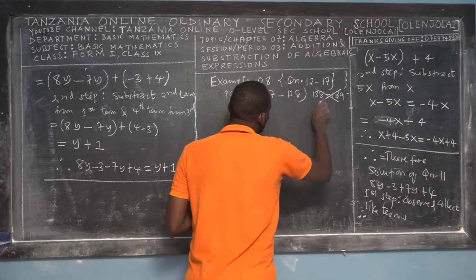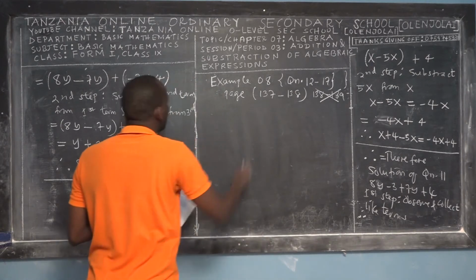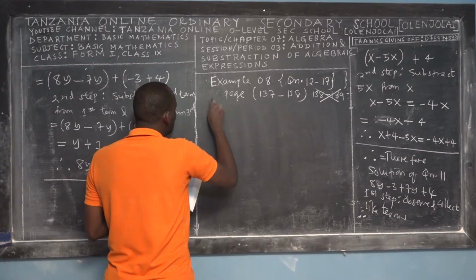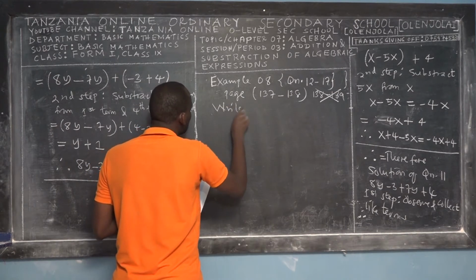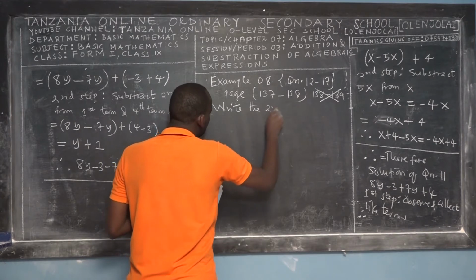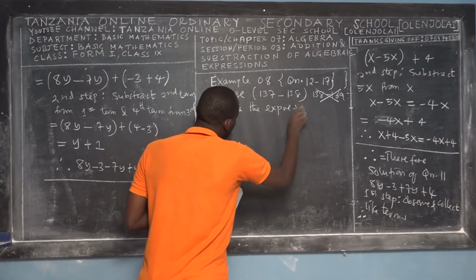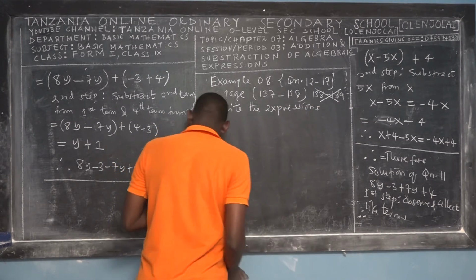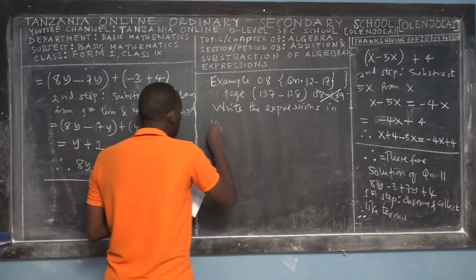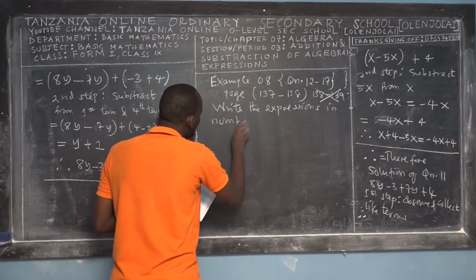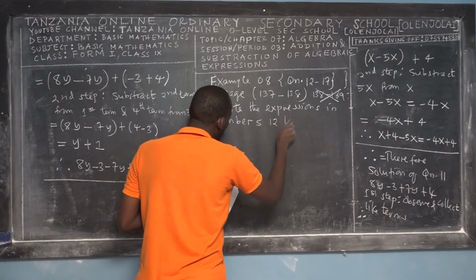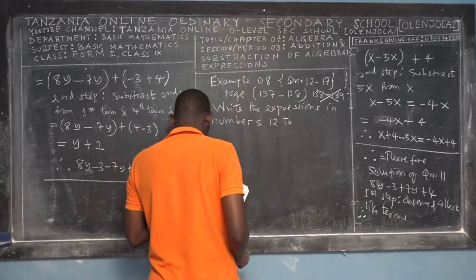This is wrong, so correct it. So this is right. Now the questions ask you to write the expressions in numbers 12 to 21.